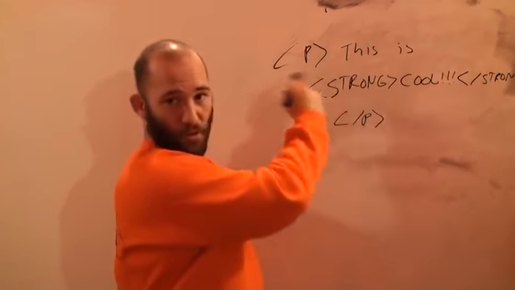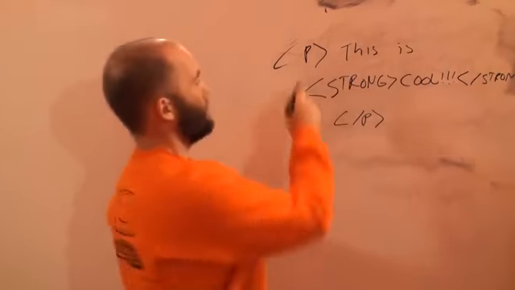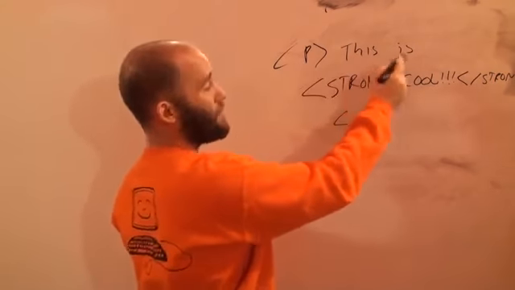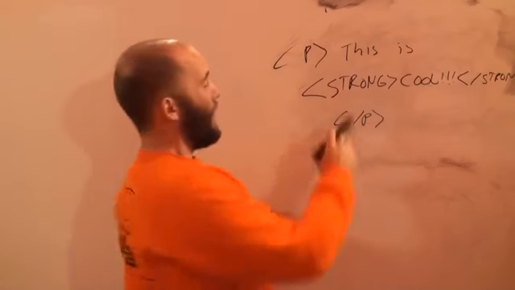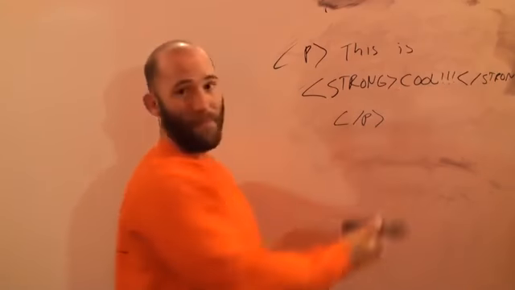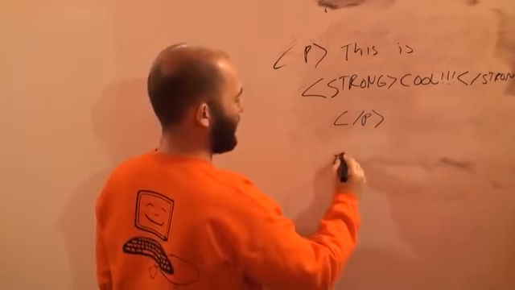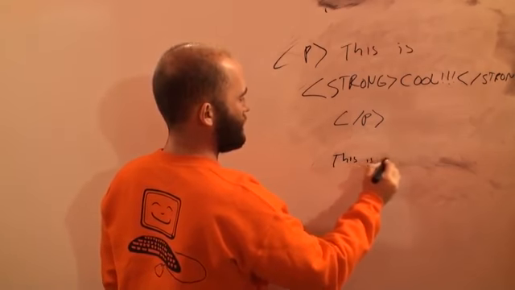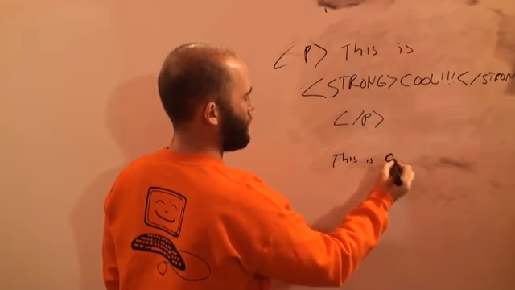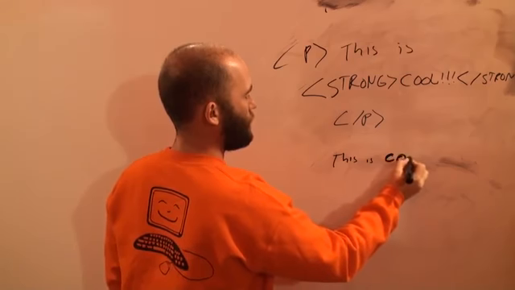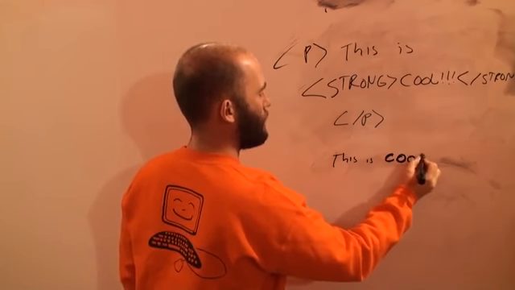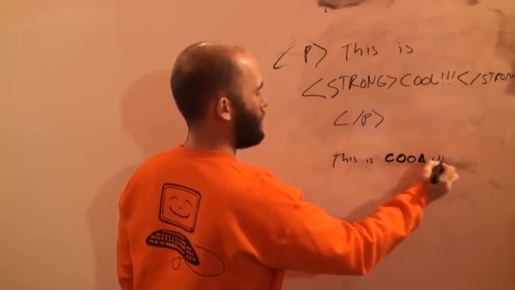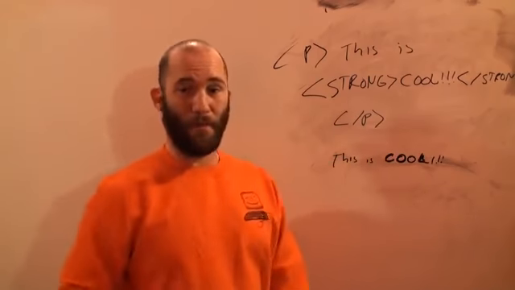So this is a normal paragraph text. You know that by the P. So this will look normal, and then cool will be big and bold. So this is how it would look on the web page.